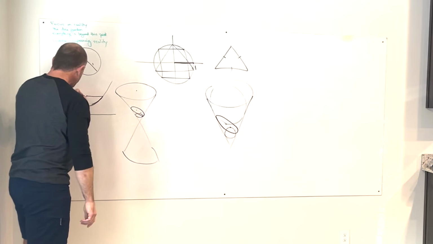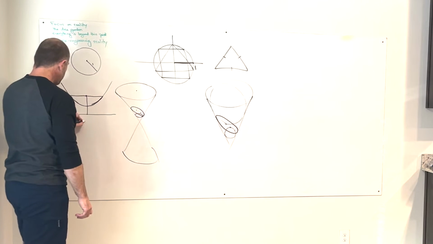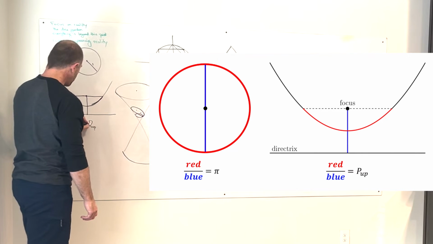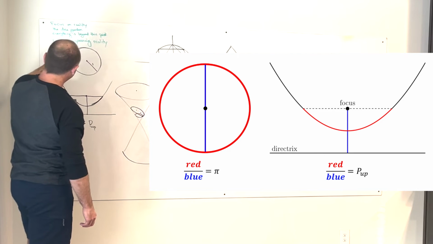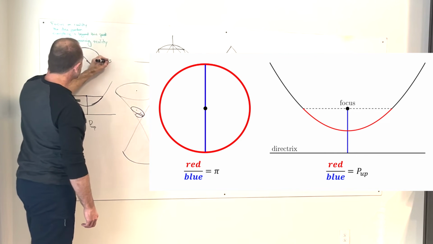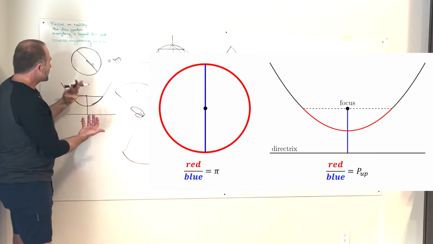That length divided by this length equals the universal parabolic constant, just like this length divided by this length, the whole diameter, equals pi. So you can think of this as a circle turned inside out.